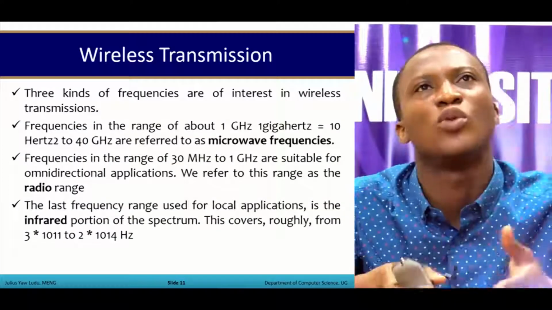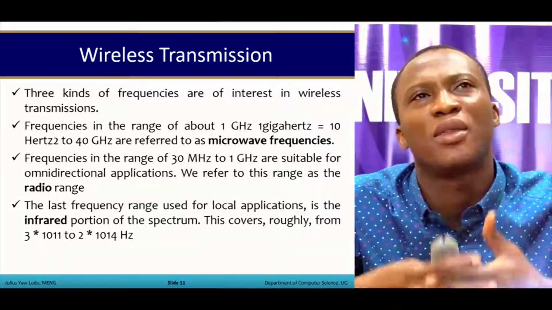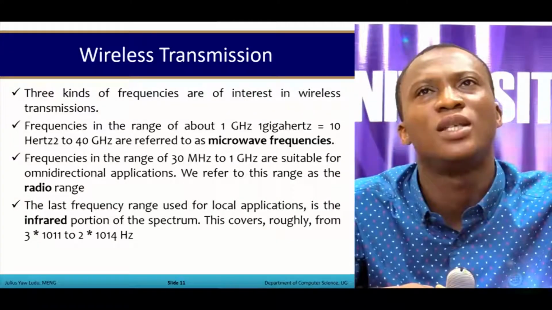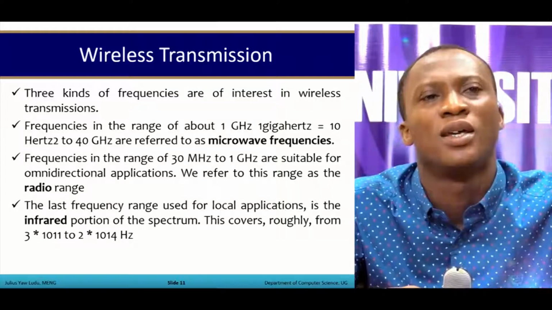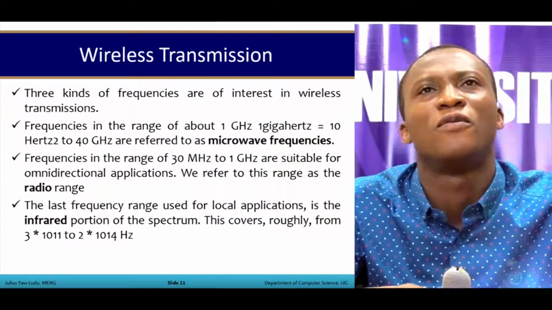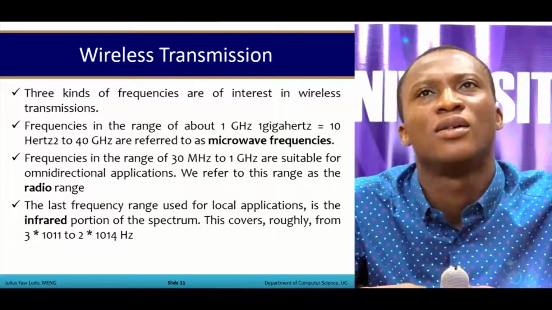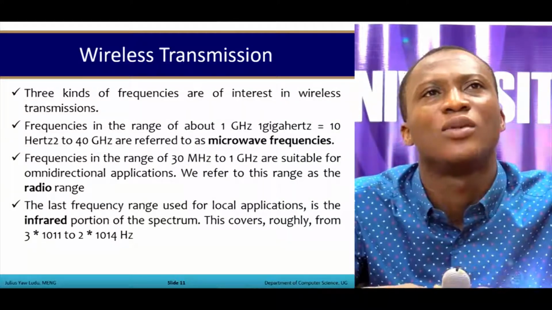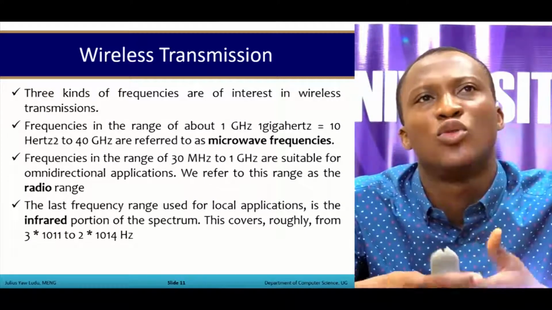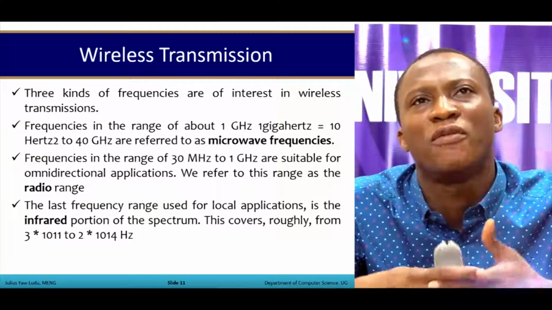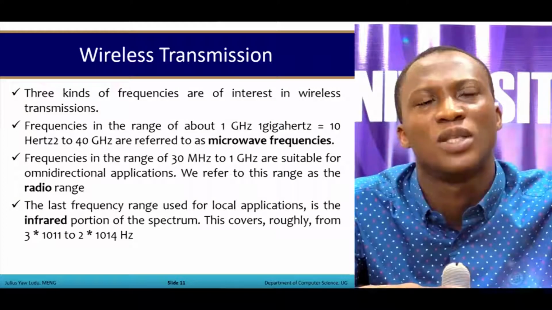The next transmission we want to look at is wireless transmission, and there are three kinds of frequencies that we are interested in with regard to wireless transmission. Frequencies in the range of 1 gigahertz to 40 gigahertz are referred to as microwave frequencies.